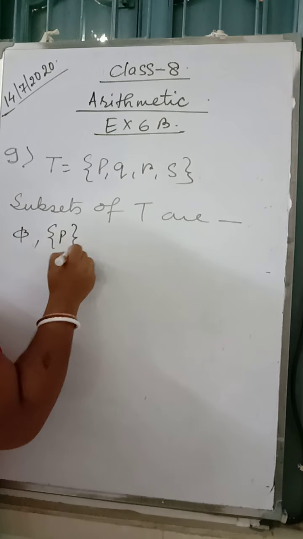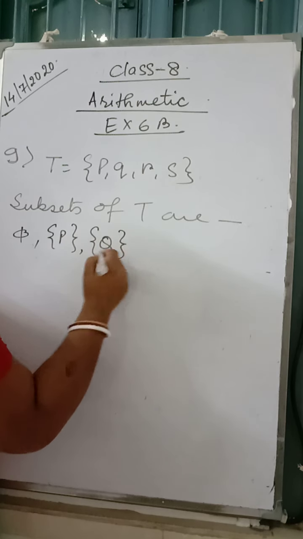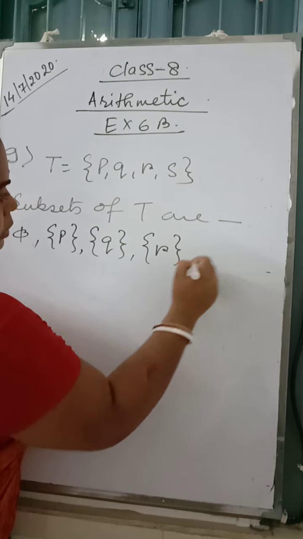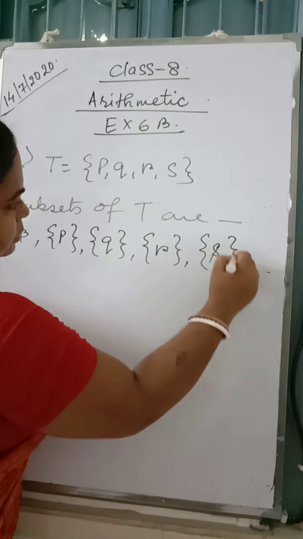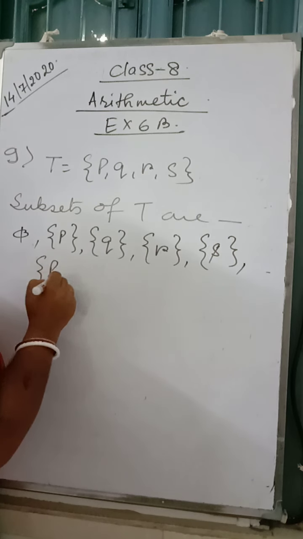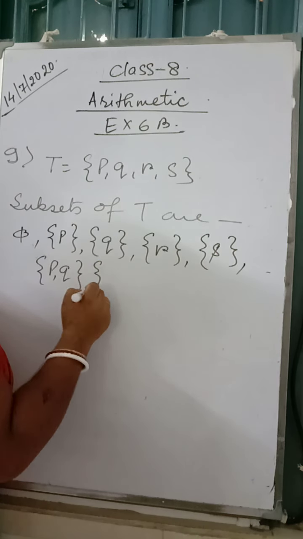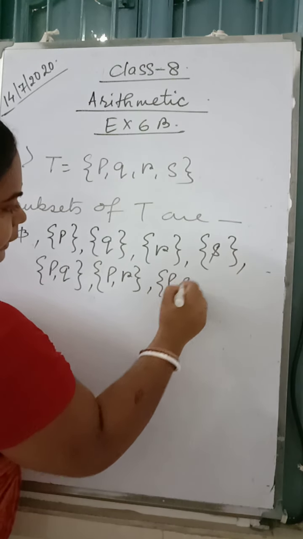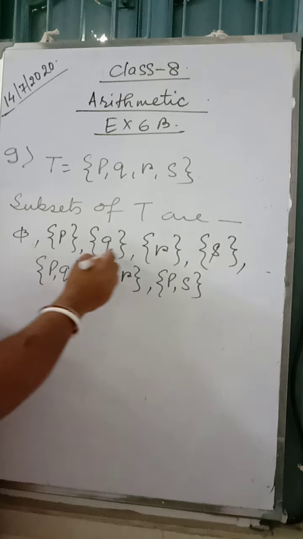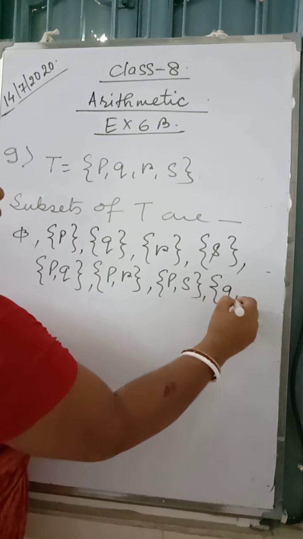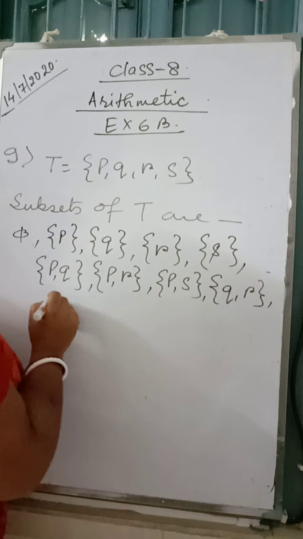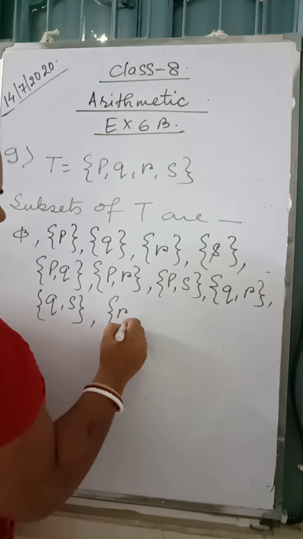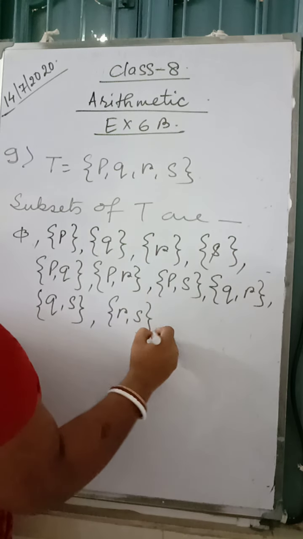Then only P, only Q, only R, only S. Then PQ, PR, PS. Is it? Then QR, QS, then RS. Then we'll take 3 members together.